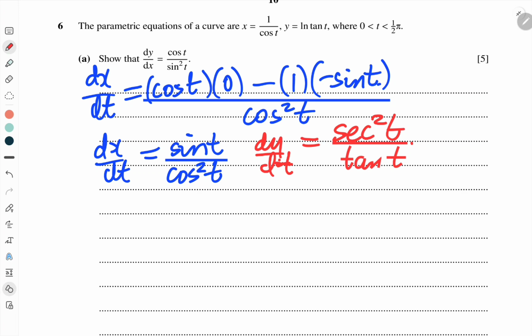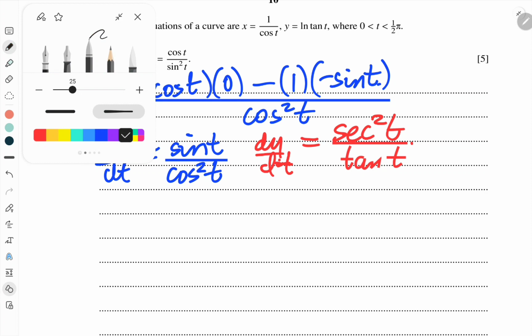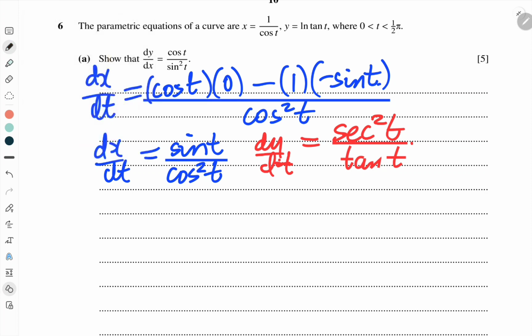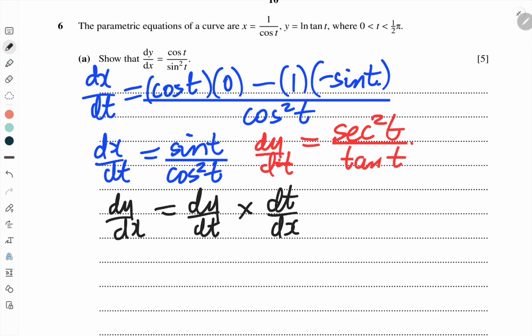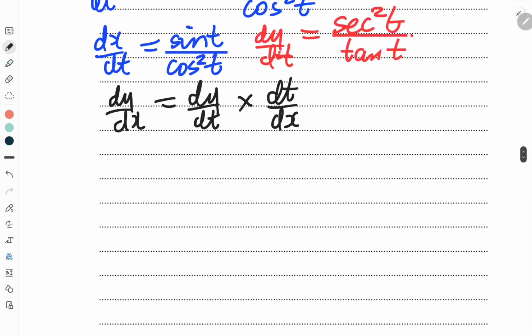Now we just have to play around with the trig identities so that they give us the resultant that we are looking for. So dy/dx is equal to dy/dt multiplied by dt/dx. Let's keep moving.